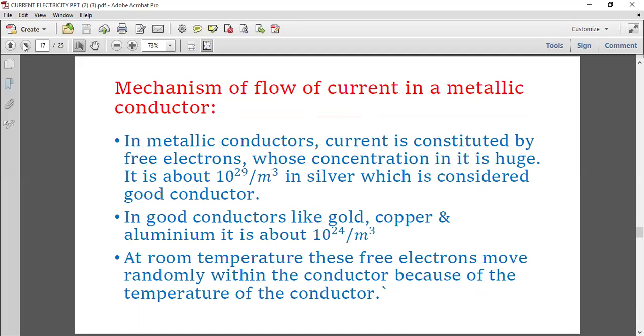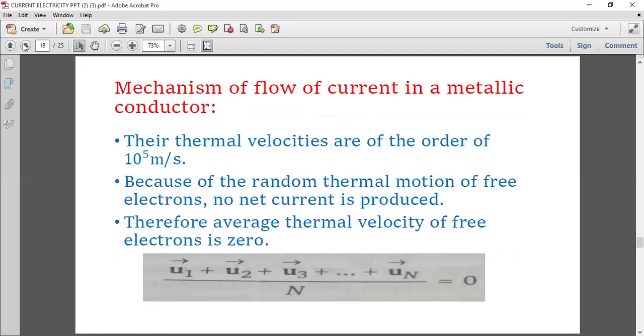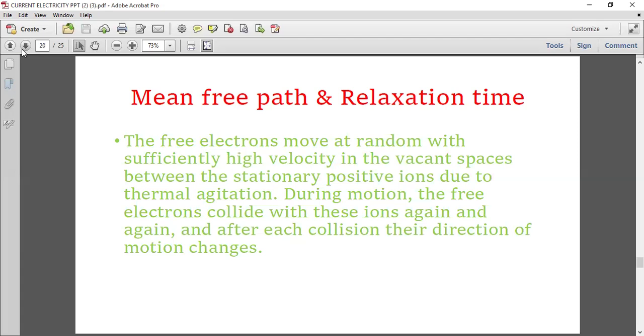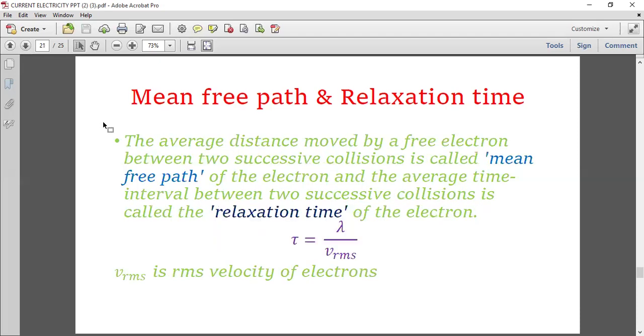Then it is about the mechanism of flow of current in a metallic conductor. Average thermal velocity of all the free electrons will be 0 because the thermal motion does not constitute any electric current. Then electron gas, this I explained. Then mean free path and relaxation time. This is the definition of mean free path and relaxation time on this page.